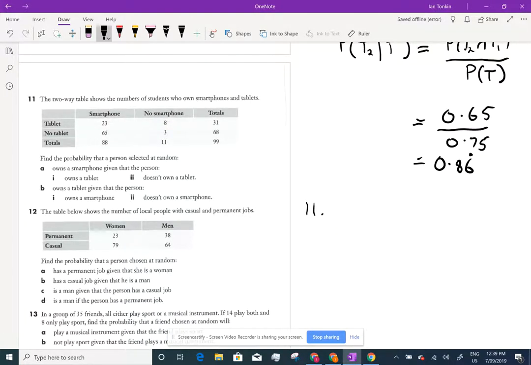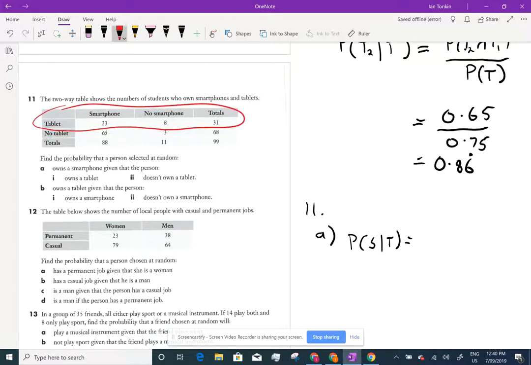Now, find the probability that a person selected at random owns a smartphone, given that they're a tablet owner. So I'm just looking at that row. Well, that's pretty easy. 23 have a smartphone, and there are 31 people.